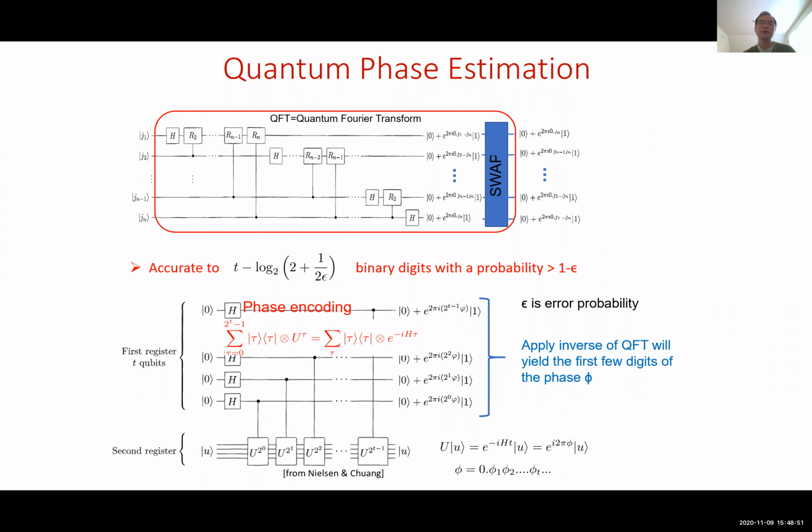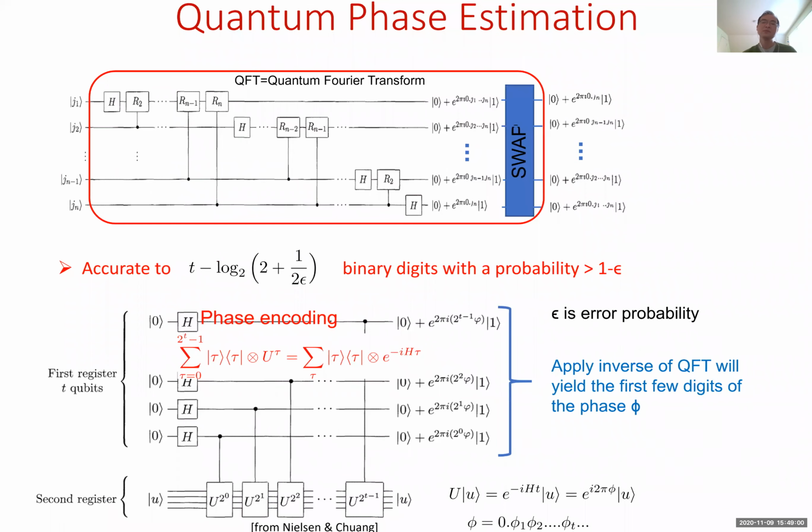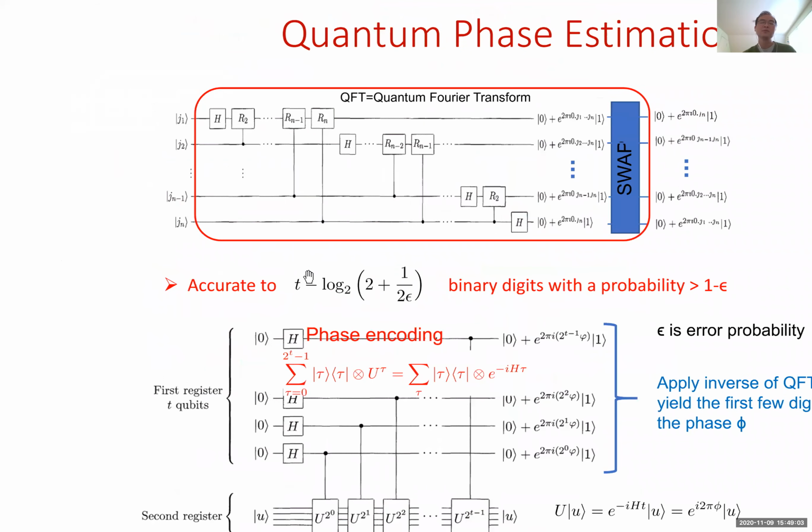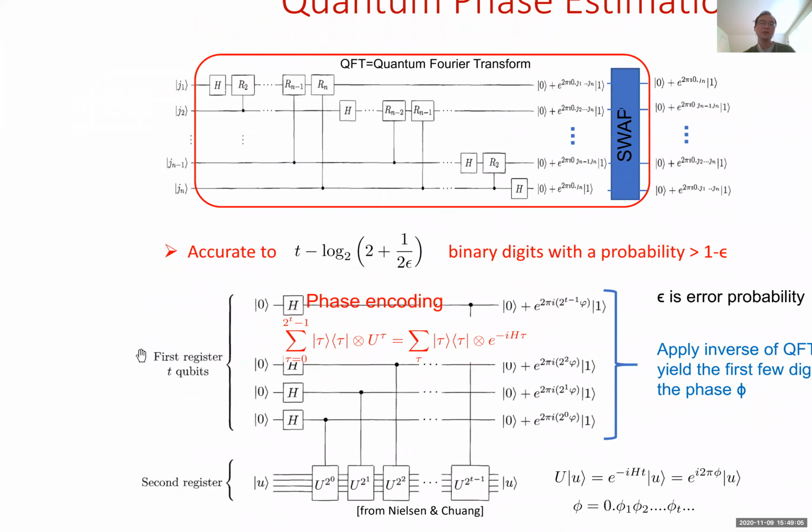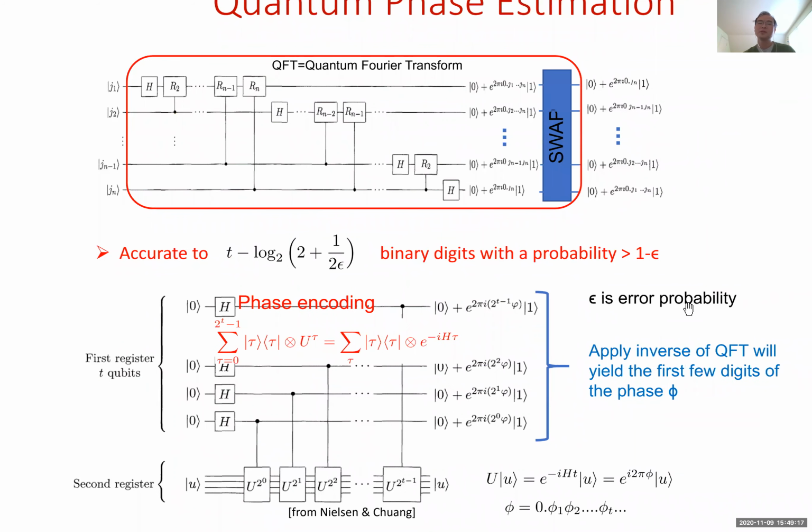Okay, by analyzing this, you will see that, I'm not going through the derivation. You can see the detail from the textbook. So if you have t qubits or t bits to represent the phase, there can be error. And if epsilon is the error probability, because of the quantum mechanics measurement, if phi is not exactly represented, there will be an error.